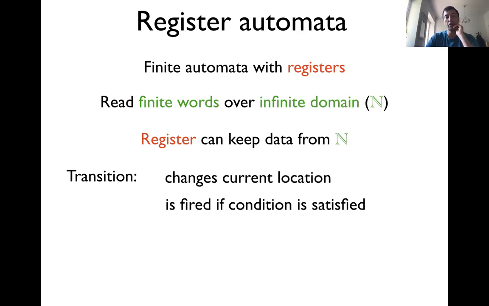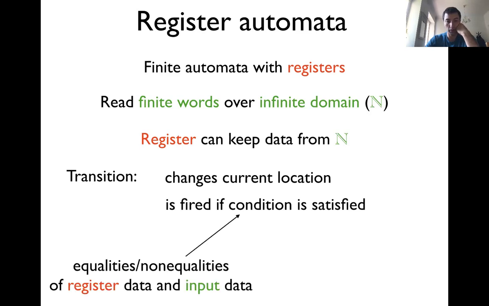And a transition is fired if some condition is satisfied. How can such a condition look like? It's a finite Boolean combination of equalities and non-equalities of data in the registers and the current input data. So, for example, a transition can say, I can be fired if the current data value is equal to the data value in register number 3.